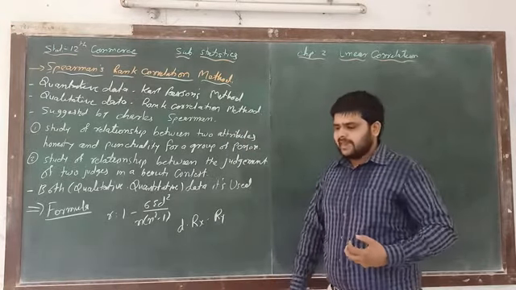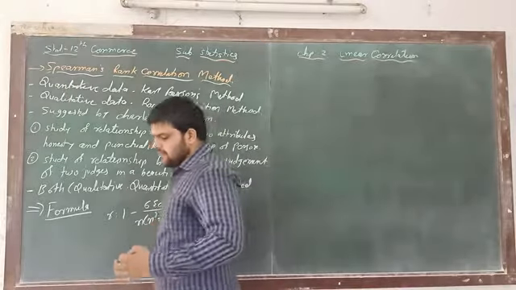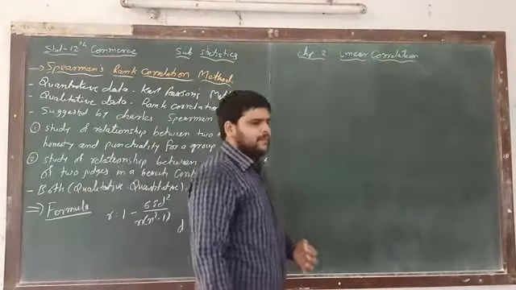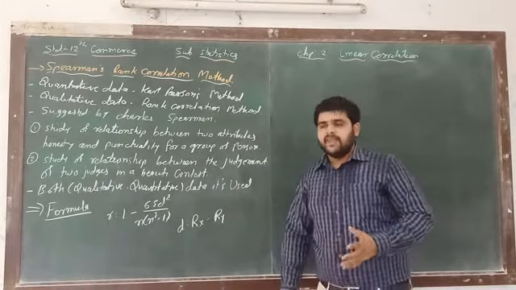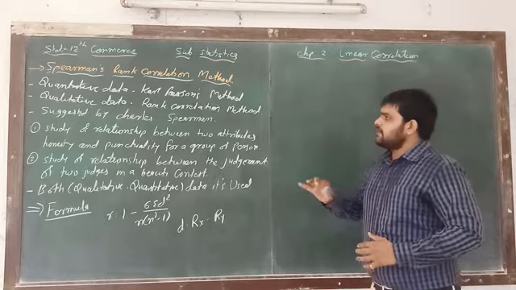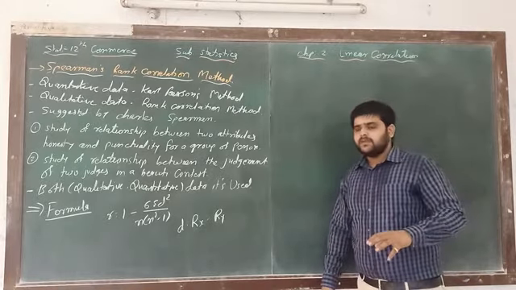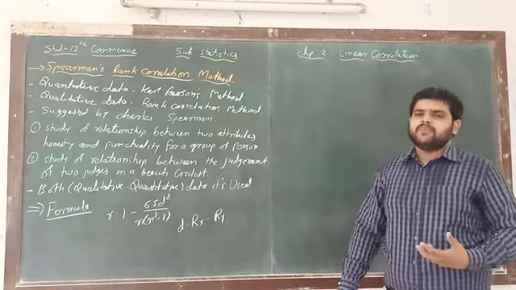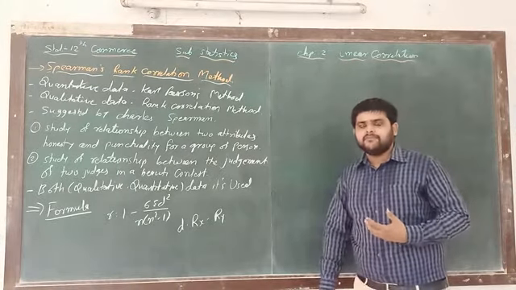So there are three types: first is the scatter diagram method, second is the Karl Pearson product moment method, and third is the Spearman rank correlation method.